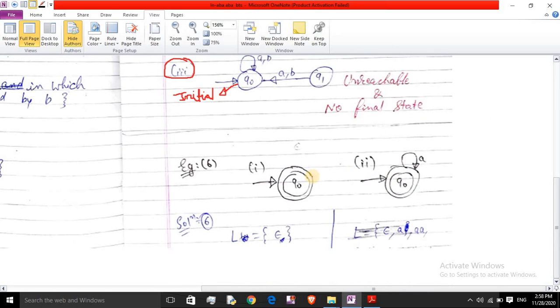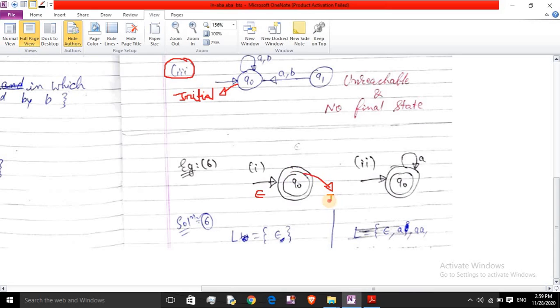So now look at this example also. What is the language represented by this machine? Actually this is also accepting epsilon, because this is our initial state and a final state as well.